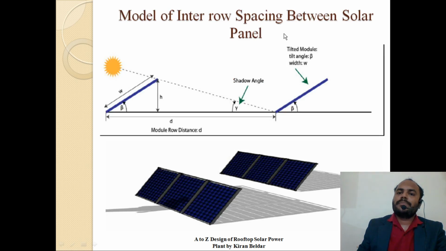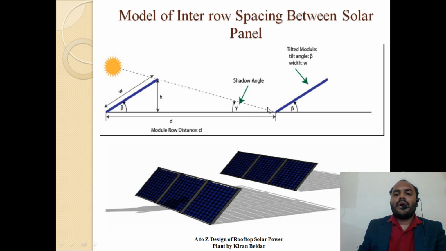Model of inter-row spacing between solar panels. Let's say this solar panel has an angle of inclination, or tilt angle, beta. Whenever the sun's rays fall at a particular altitude angle, the solar panel gives a shadow up to this length, where D is the length of the shadow. The shadow angle is denoted by gamma.